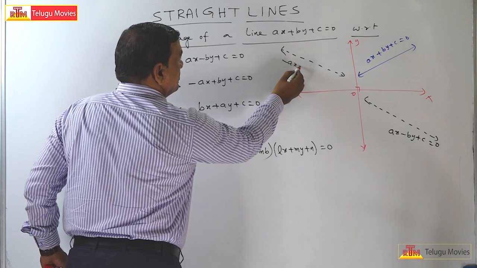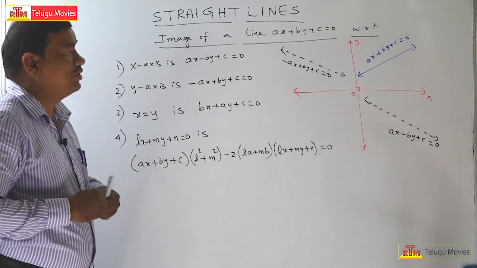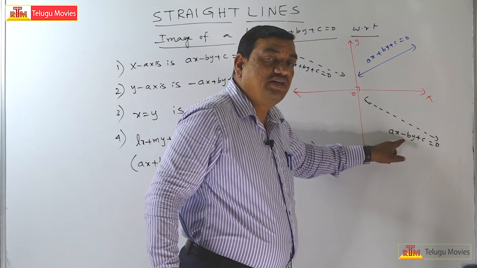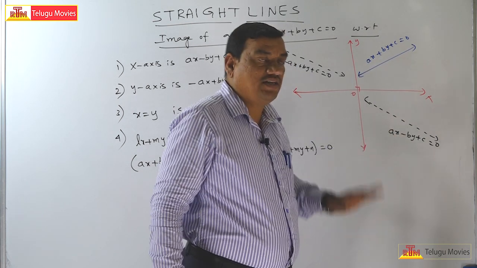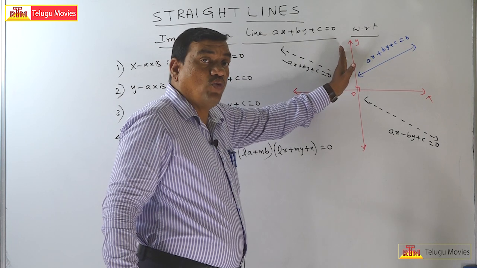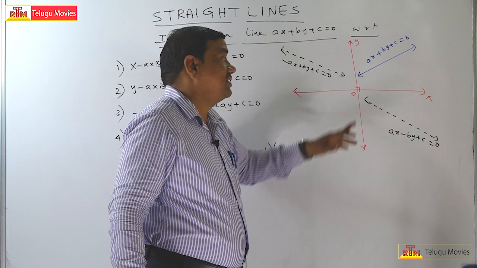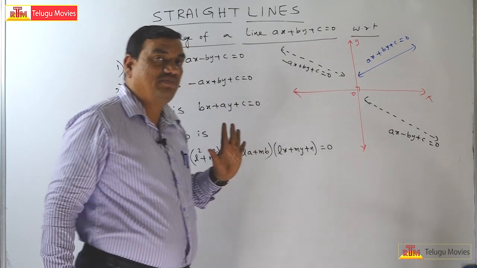Minus ax plus by plus c is equal to 0. With respect to the x-axis, the y coefficient's sign is changed: here plus b, here minus b. With respect to the y-axis, the x coefficient is changed: here plus a, here minus a. If it is minus a, here plus a will be there.